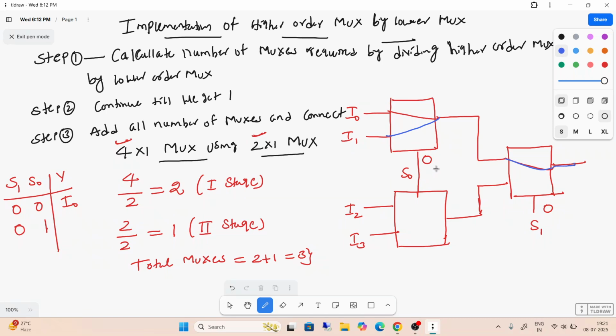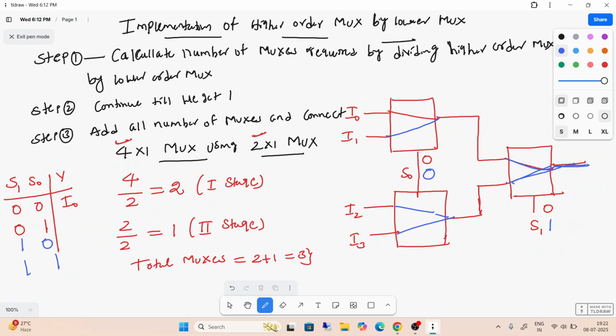Next, 1 0: I2 is connected like this. For 1 1, I3 is connected.